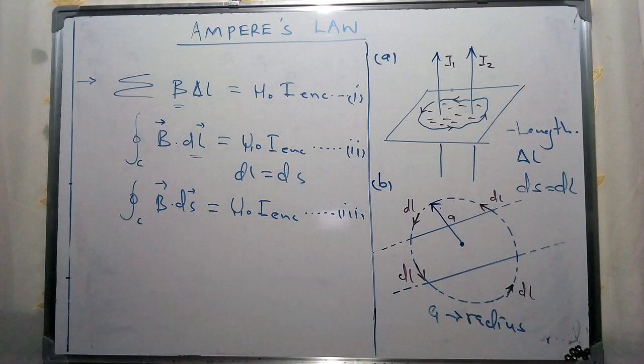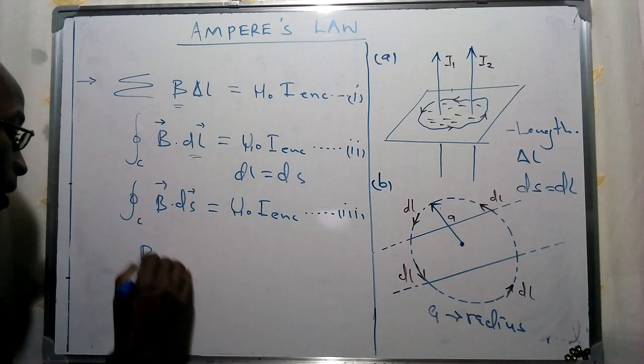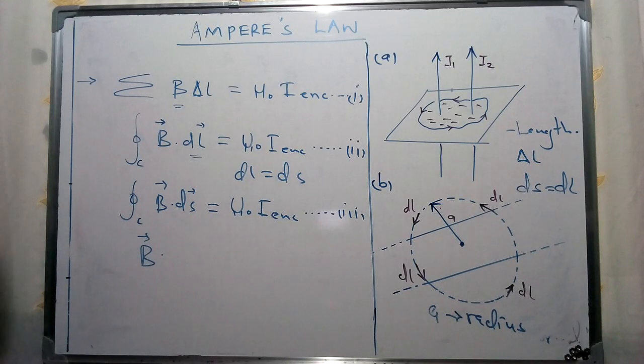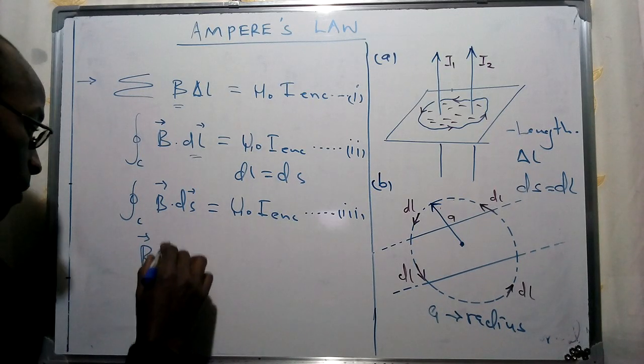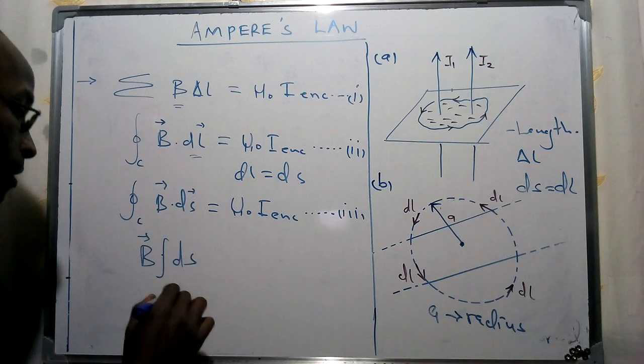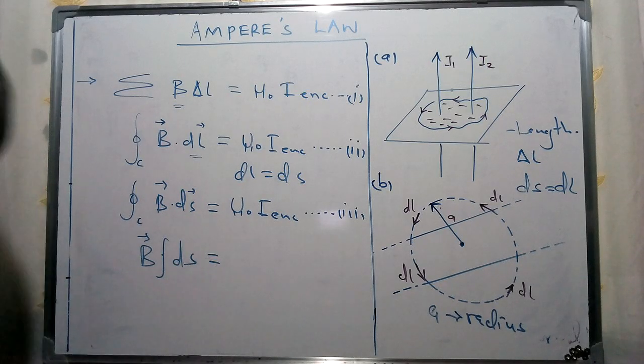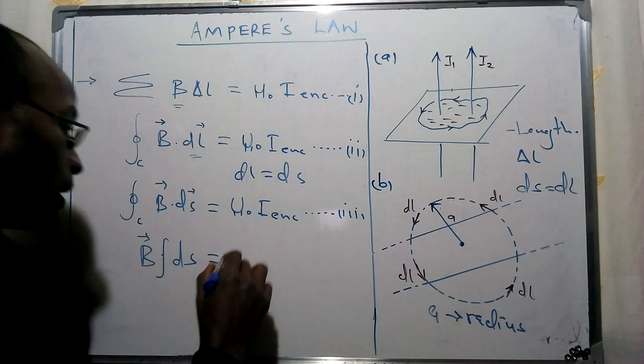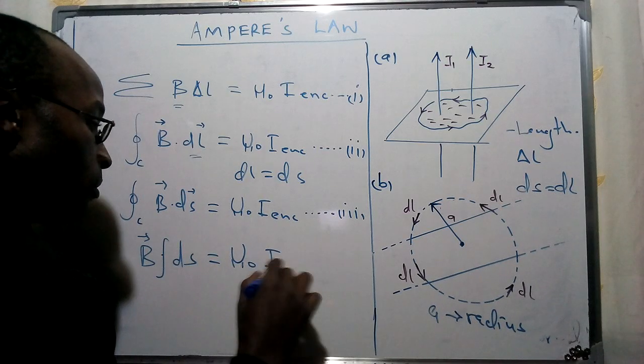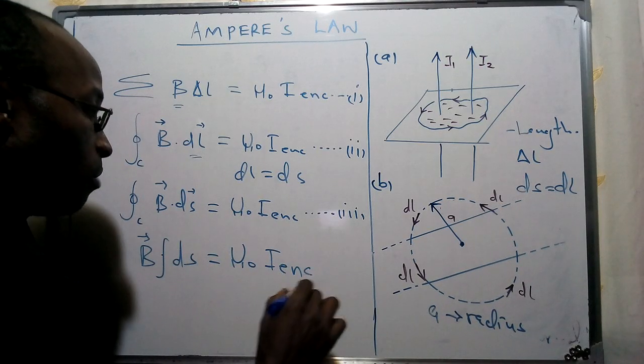From that we can do an evaluation, whereby we're going to have this magnetic field as a constant, and then we shall have the integral over ds equivalent to the current enclosed times mu naught.